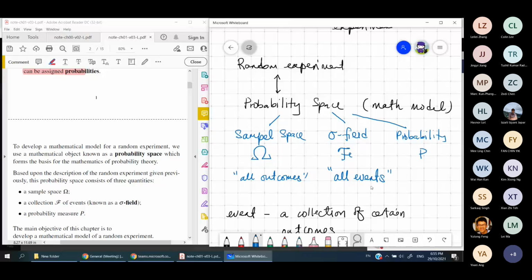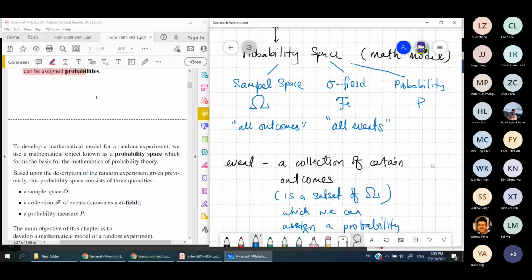So a probability space consists of these three elements. Later on, we're going to look at the actual mathematical meaning of these three objects. That will be some kind of abstract definitions.